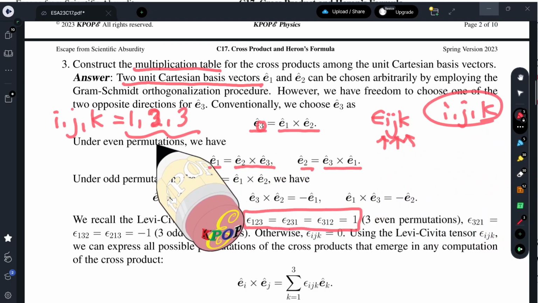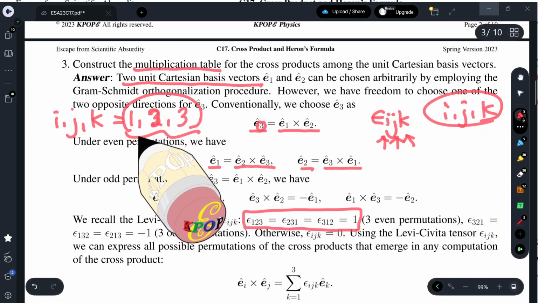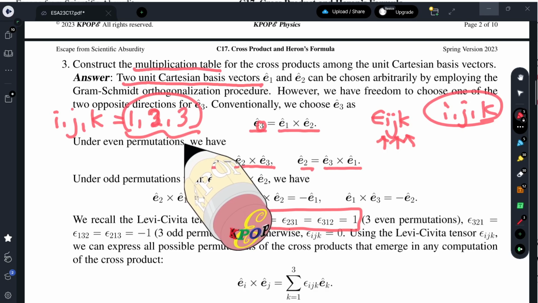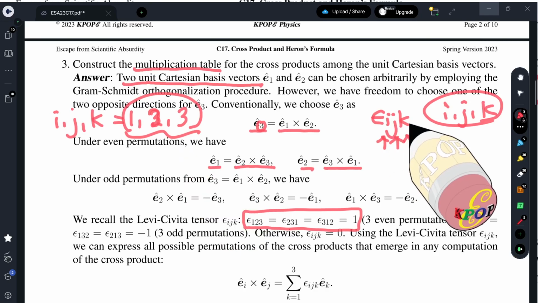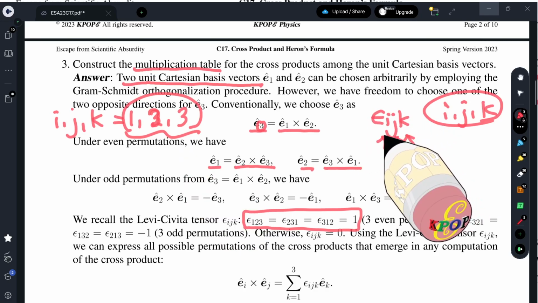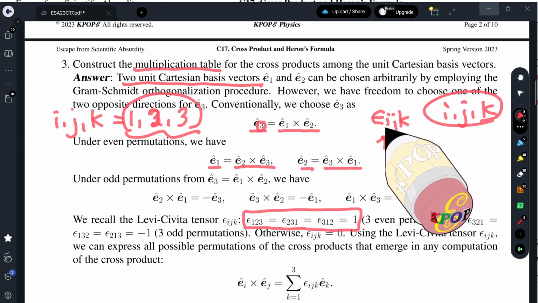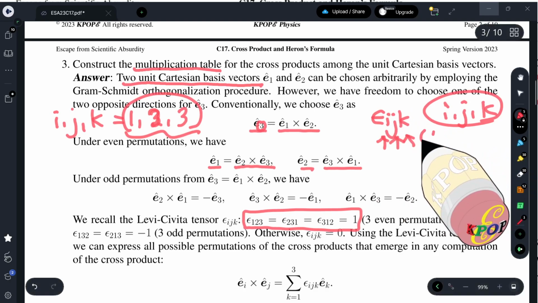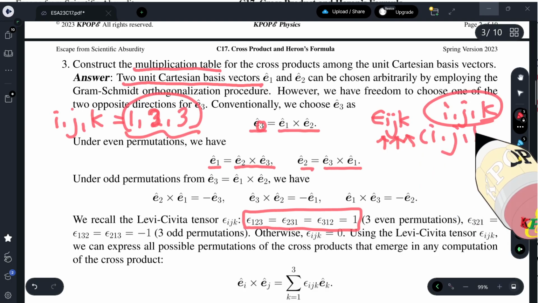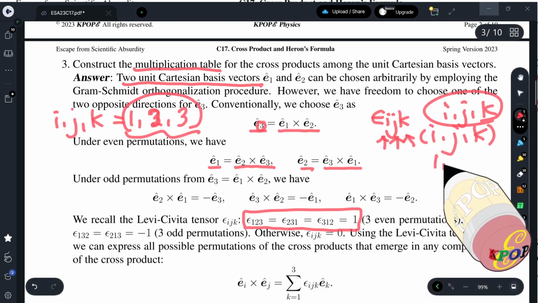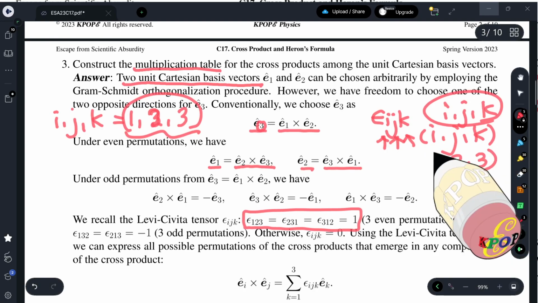That means, because they are coming from 1, 2, and 3, epsilon ijk survives only if ijk constructs a permutation of 1, 2, 3.